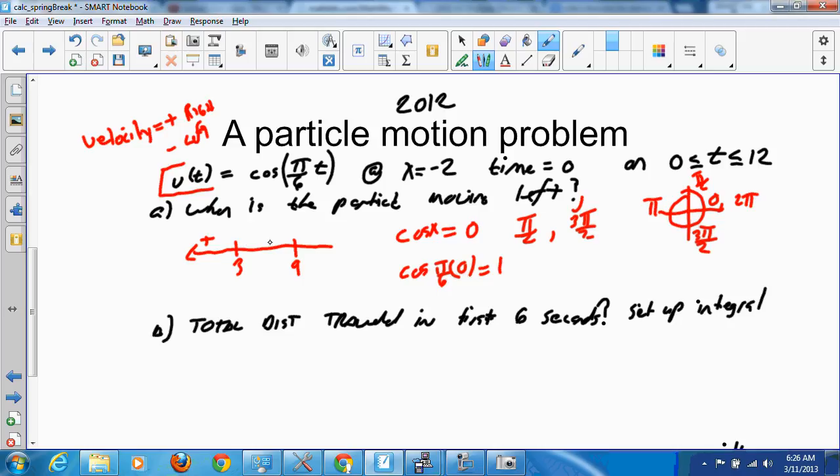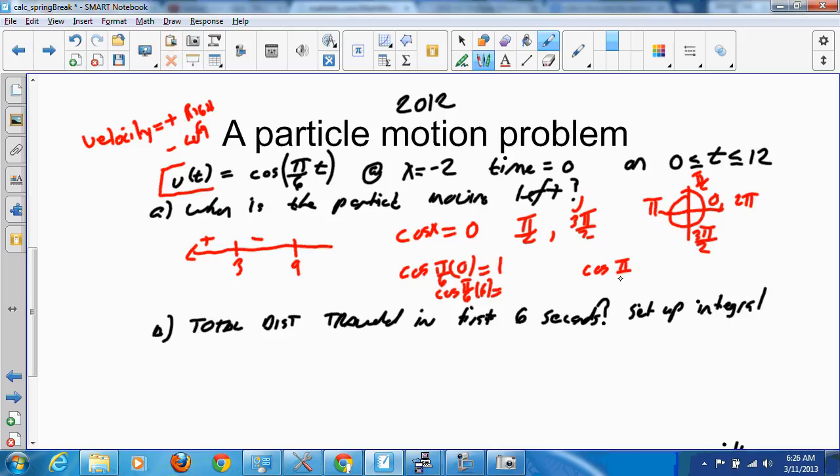And then let's pick something between 3 and 9. Well, pi over 6 times 6 would be an easy one, right? That reduces to the cosine of pi, and the cosine of pi is -1. So it is moving to the left between 3 and 9. And then we could go out and double check at 12.